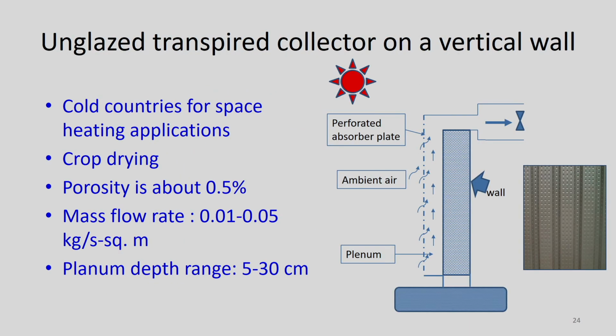Now, let us discuss the unglazed transpired collector on a vertical wall. So, this is a vertical wall, what you can see here, and this is the plenum through which air flows, and this is a perforated absorber plate.